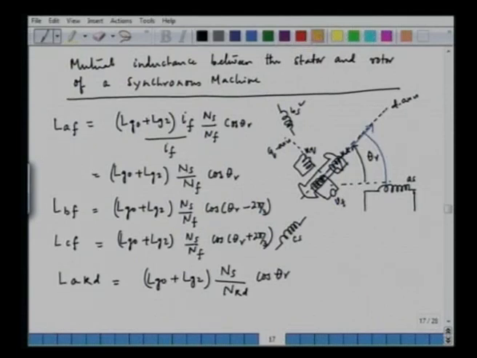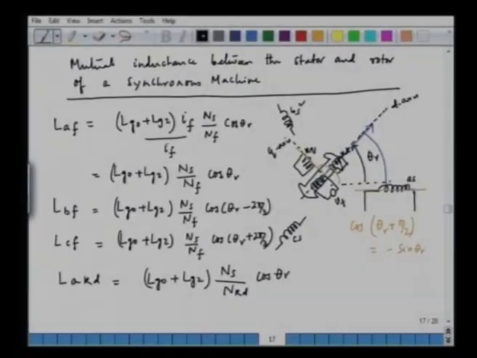This is my phase A and this is KQ, and we multiply by a factor of cos of theta r plus pi by 2, and cos of theta r plus pi by 2 is minus sin theta r. So, the expression will be multiplied by minus sin theta r for phase A, and similarly for phase B and C we can change theta r appropriately to theta r minus 2 pi by 3 and theta r plus 2 pi by 3 respectively.